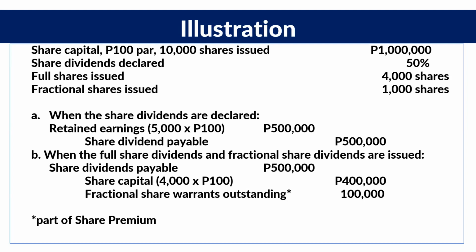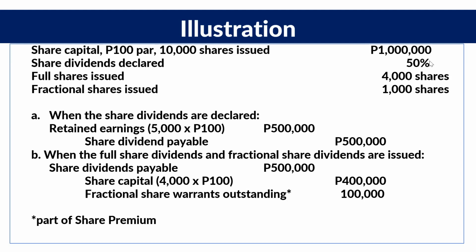So when the share dividends are declared, it's just the same. Since this is 50%, this is a large share dividend. So you debit it to retained earnings at par value. So we have 500,000. And then we credit share dividends payable of 500,000.